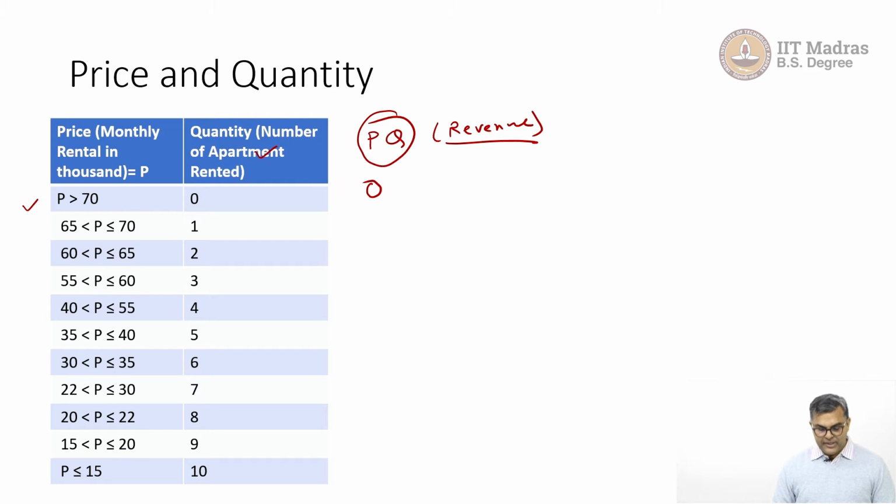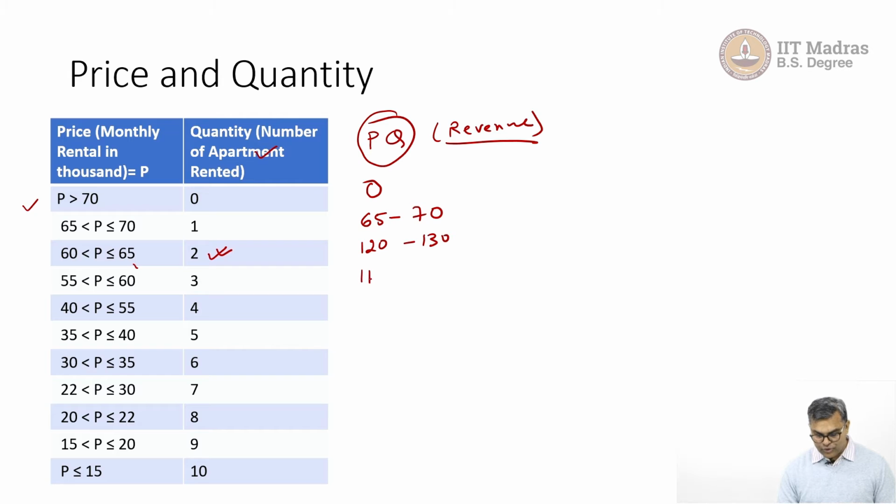If price is between 65 and 70, total revenue is going to be between 65 and 70. If price is between 60 and 65, total revenue, because you will have to multiply this P with 2, is going to be between 120 and 130. You see the total revenue is increasing as price is coming down.